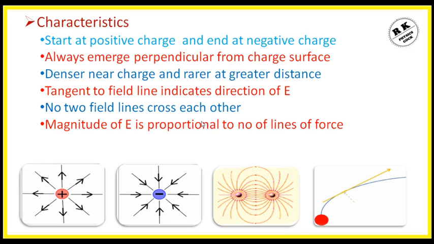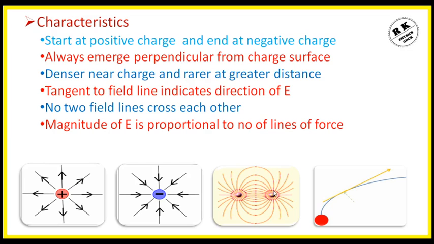The next topic is that the magnitude of the electric field is proportional to the number of lines of force. That means here if we look at this third figure, the lines of force are more in number nearer to the charge and they are few in number at a greater distance.